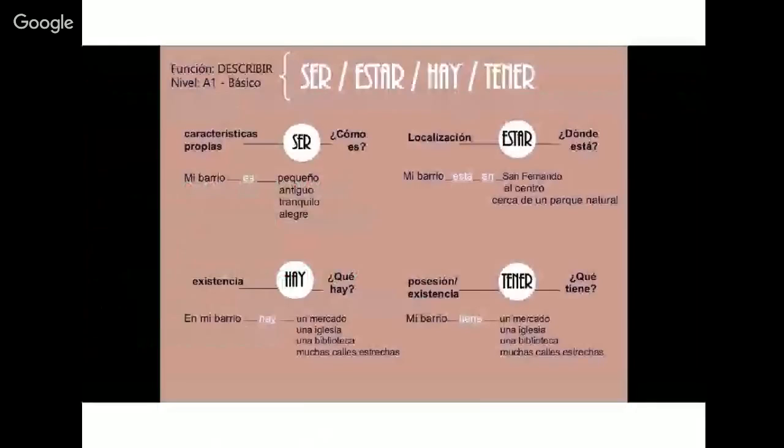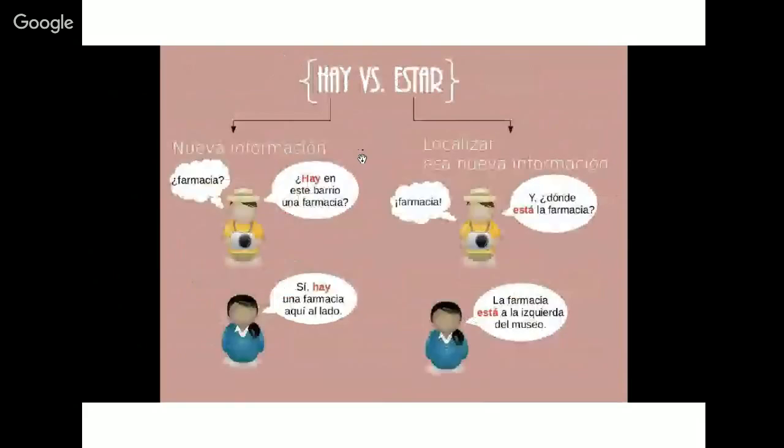Ok, entonces hablamos, sorry, we spoke about the difference between ser and estar. And now we're going to add the difference also between hay and tener. So ser, estar, hay and tener. So ser has its own characteristics. ¿Cómo es?